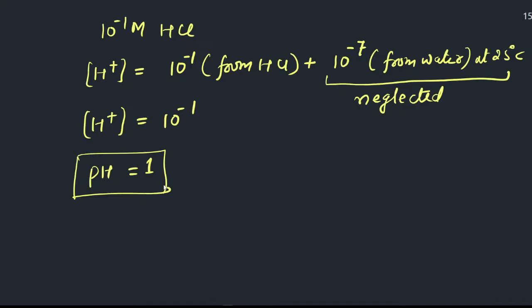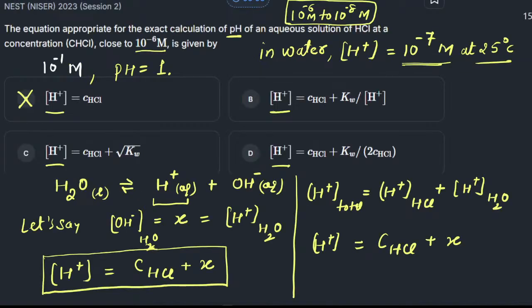But when the concentration is very comparable, very close to 10 raised to power minus 7, we cannot ignore the contribution from water. That's why it is mentioned that the concentration of HCl is close to 10 raised to power minus 6.